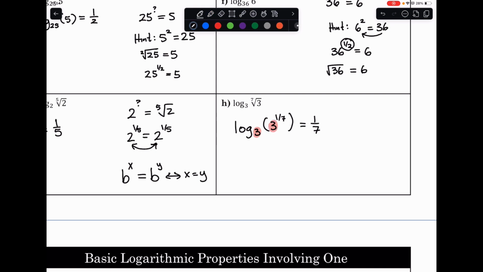Whenever those bases are the same. But that's going to equal 1/7 again, because this base of 3 needs to be raised to some exponent so it equals the 7th root of 3, which has an exponent of 1/7. So in order for these two numbers to be the same, I need these two values to equal each other.